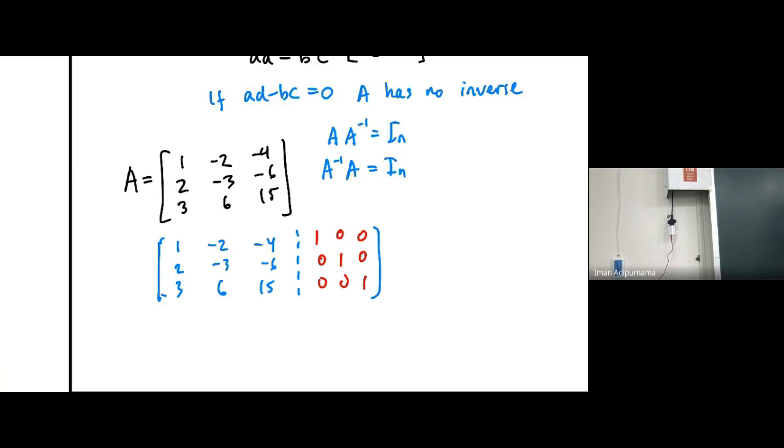That's also one way to solve for the inverse. If you get the left side as the identity, the right side will be the inverse. You get the idea? So if you solve this and make the left become 1 1 1 and the rest 0, the right side will become the inverse.